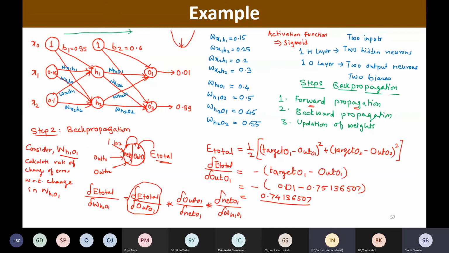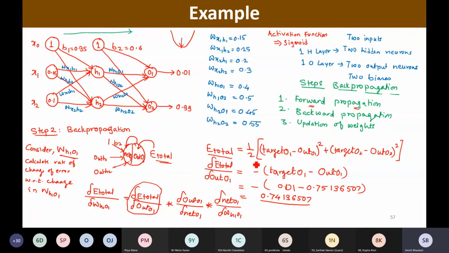See here, this is my total error. Total error is computed with this expression. I want a partial derivative of this term, with respect to the output O1, out O1.